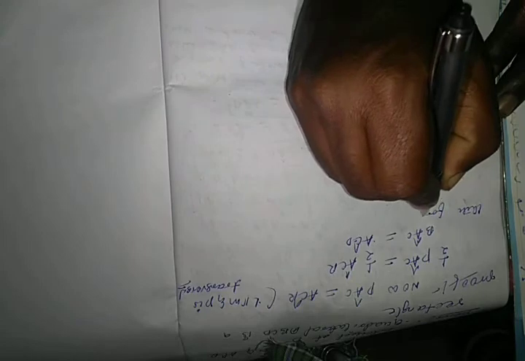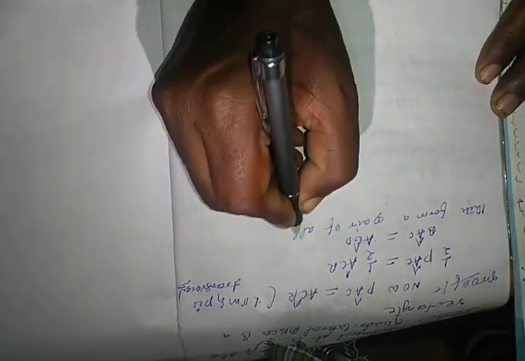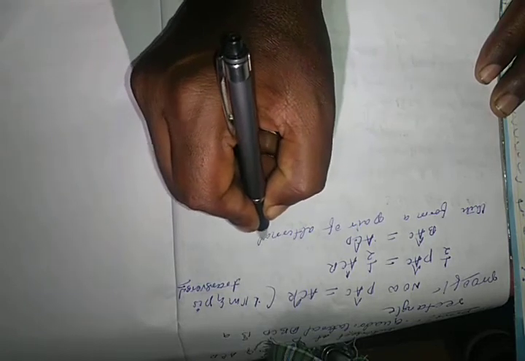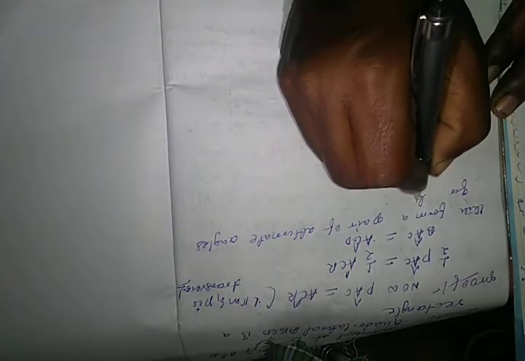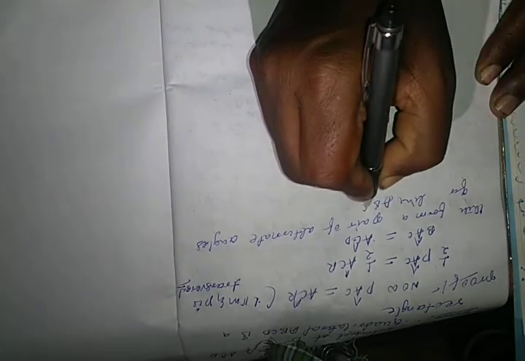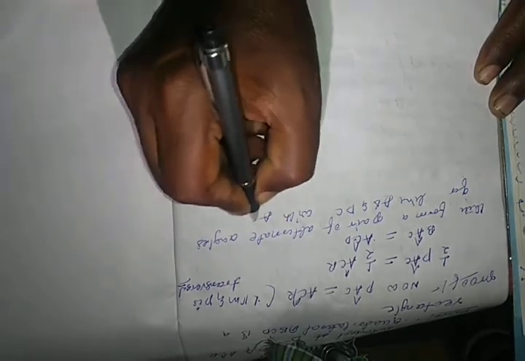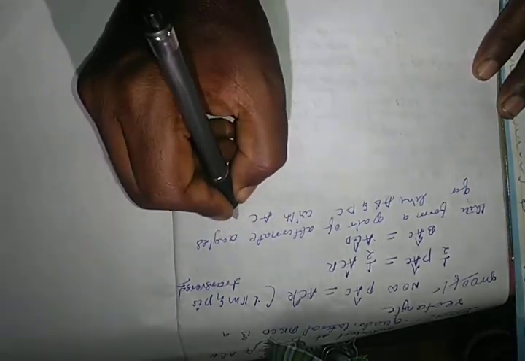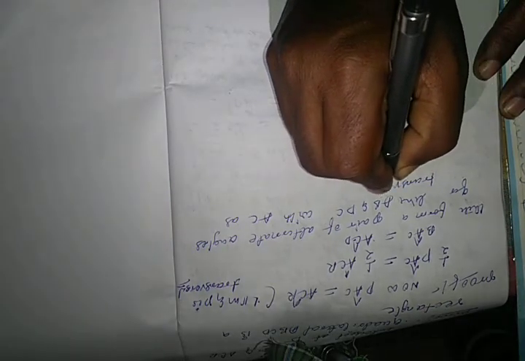These form a pair of alternate angles for lines AB and DC with AC as transversal, and they are equal.